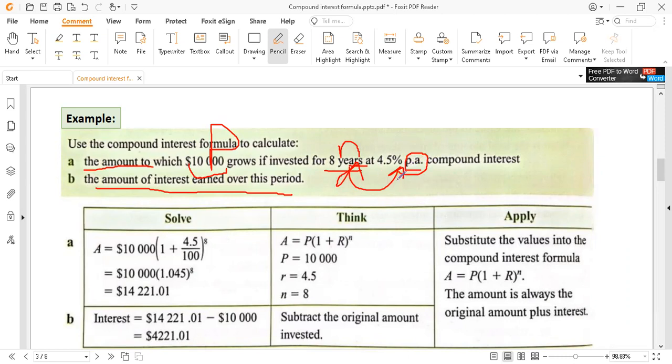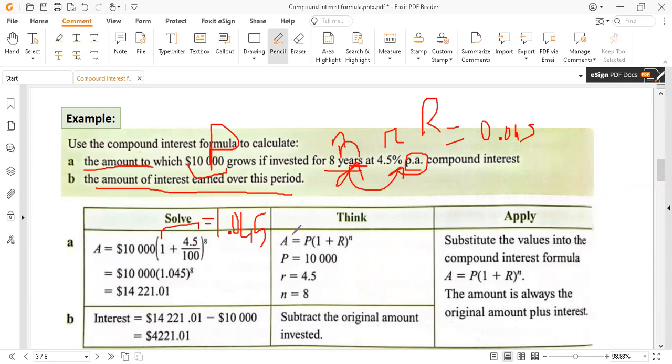So this is the n and this is the small r. The big R is 4.5 divided by 100, so big R equals 0.045. We can easily remark that this factor, the term inside the brackets, gives us the constant multiplier 1.045, which we explained how to use in the previous session.